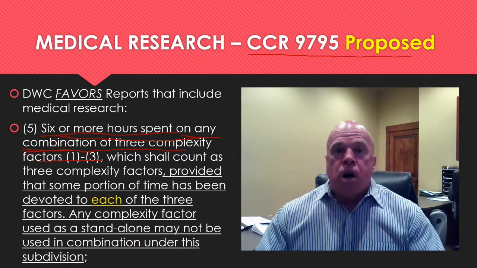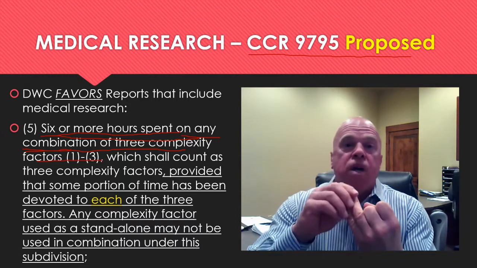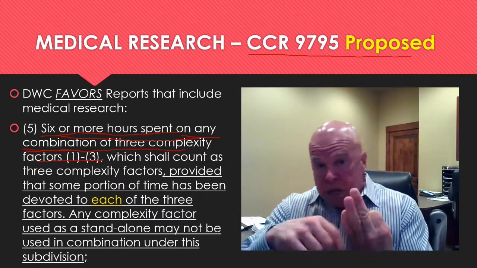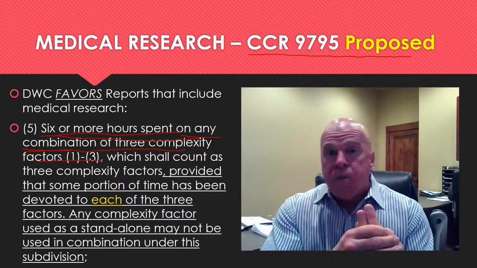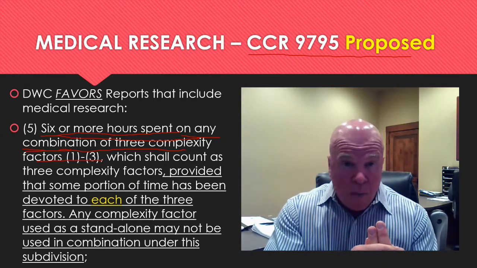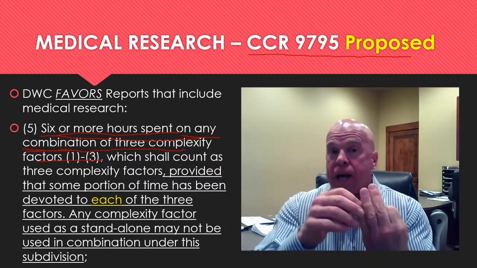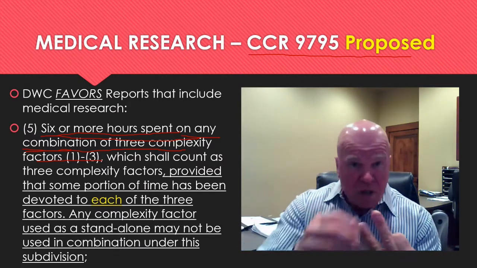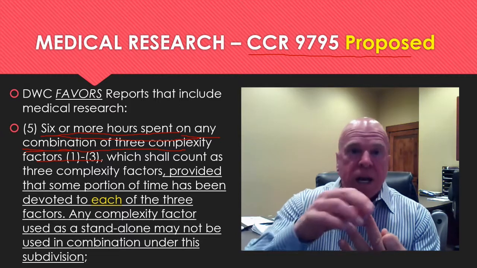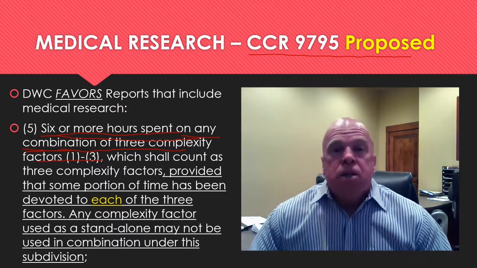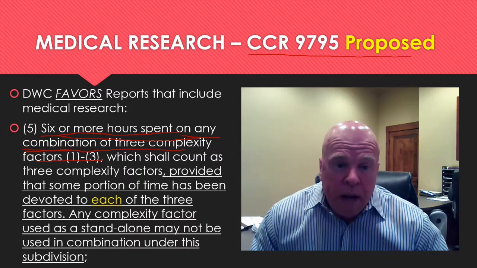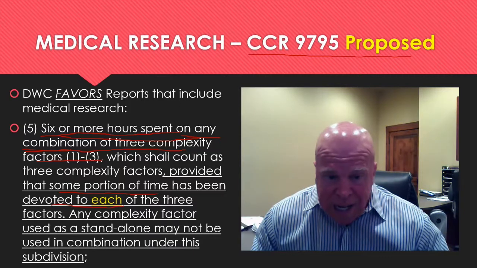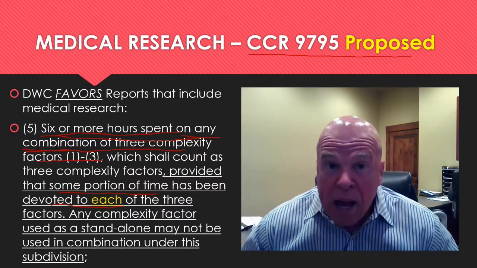Or another doctor would argue that he had 2 hours face-to-face and 4 hours of review of records and 0 hours of medical research, and because the total was 6 hours, and because it says any combination, and 4 and 2 and 0 is a combination, and 2 and 4 and 0 is a combination, and 3 and 3 and 0 is a combination, the DWC has changed that to require that some portion of time has been devoted to each of the complexity factors.